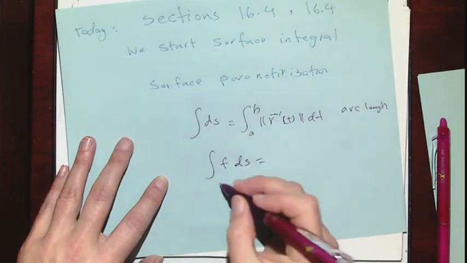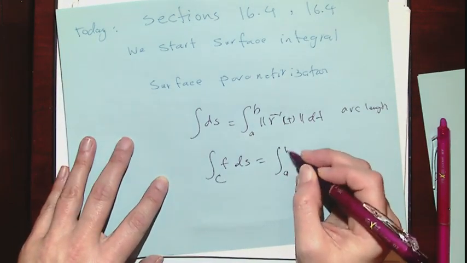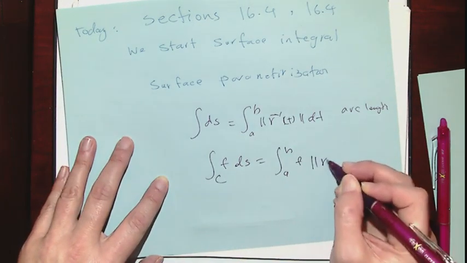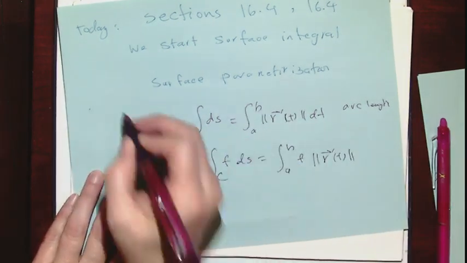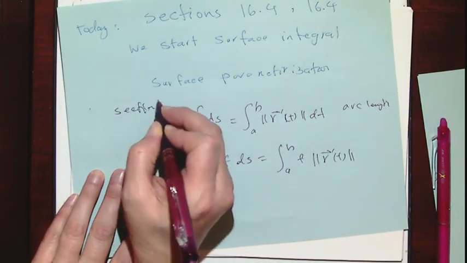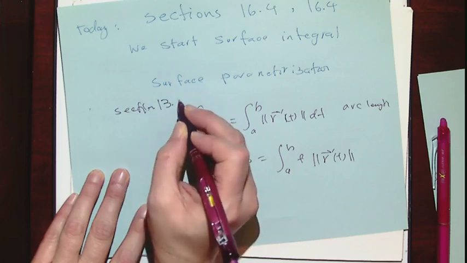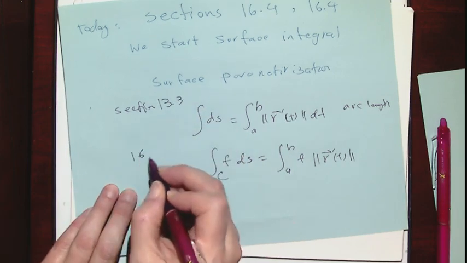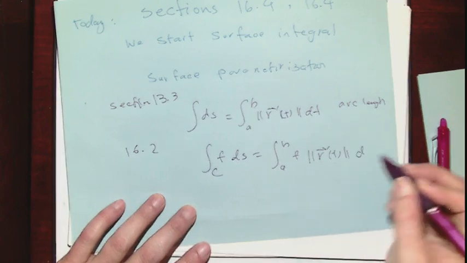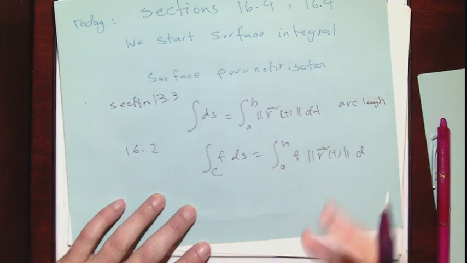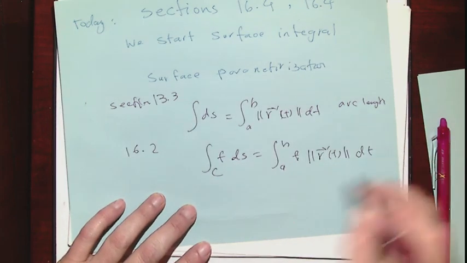The integral of F ds, from A to B, with an F next to it. This was section 13.3. This was 16.2. And then I did F as in it has a density.